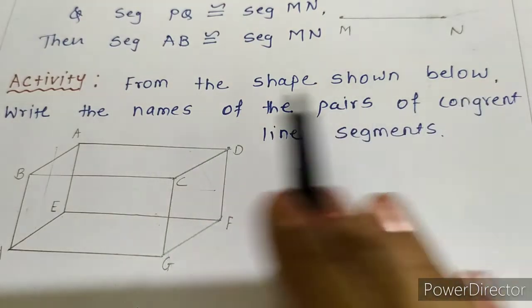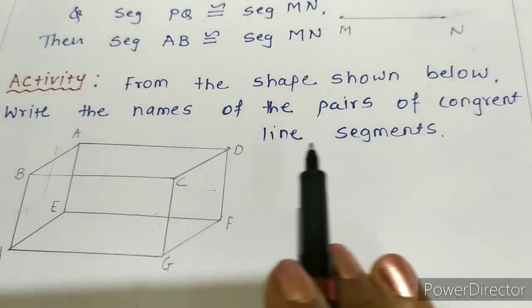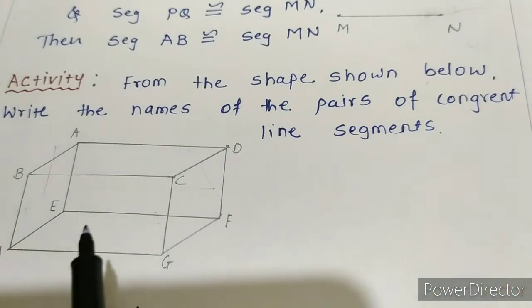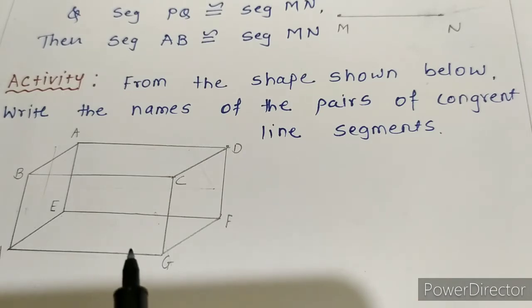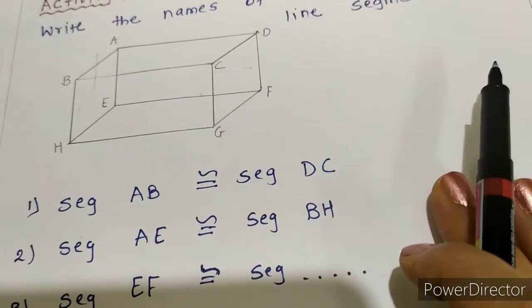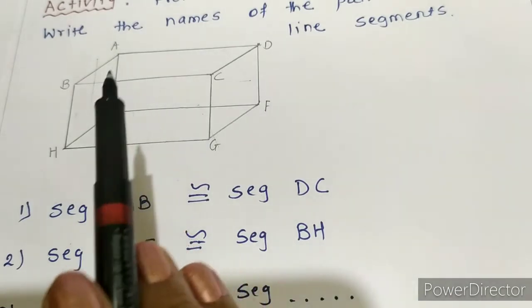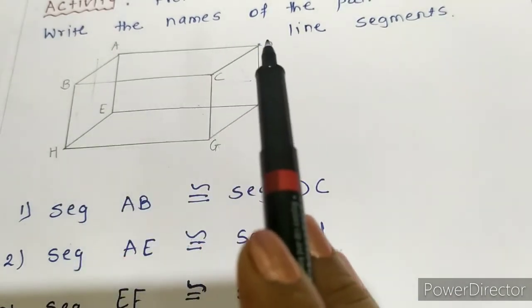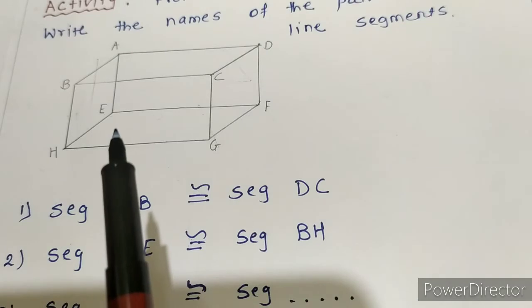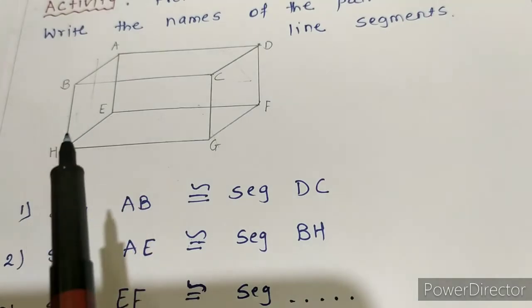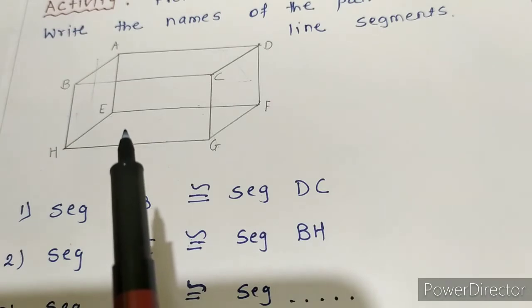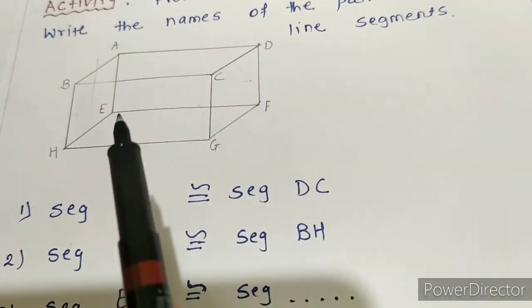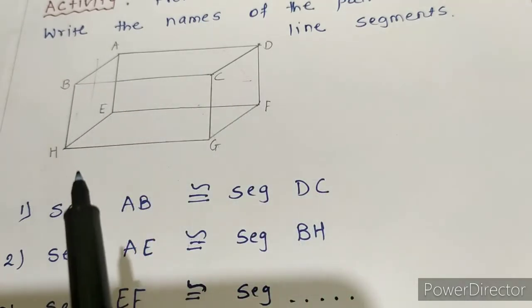From the shape shown below, write the names of the pairs of congruent line segments. Here we have to write the names of the congruent segments from this figure. So first is segment AB. AB is congruent to DC. It is already given. Segment AE is congruent to segment BH.